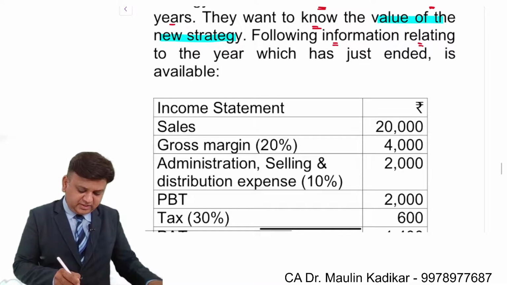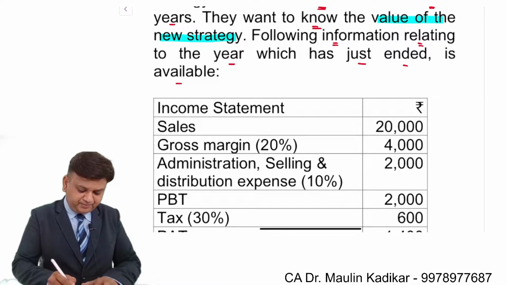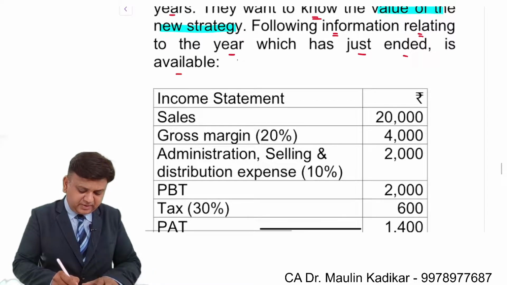Following information relating to the year which has just ended is available. Means basically we have been provided with year 0 information.